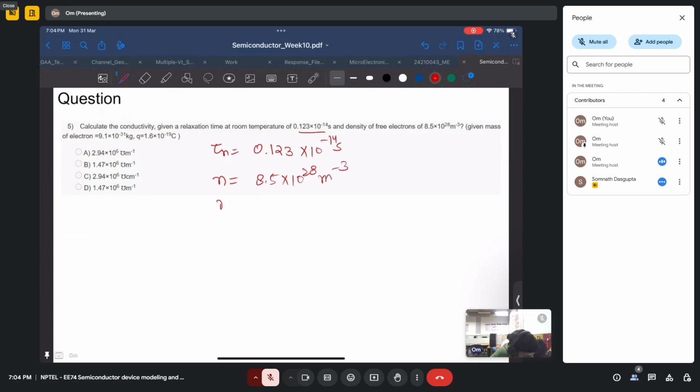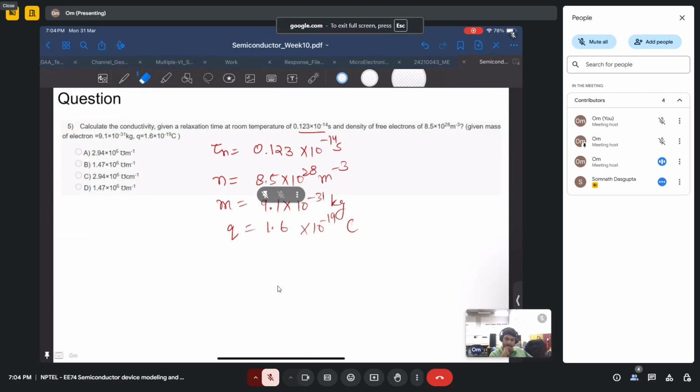Mass of electron is 9.1 into 10 to the power minus 31 kg. And electron charge 1.6 into 10 to the power minus 19 coulomb. So can you attempt this? How can we solve this question?